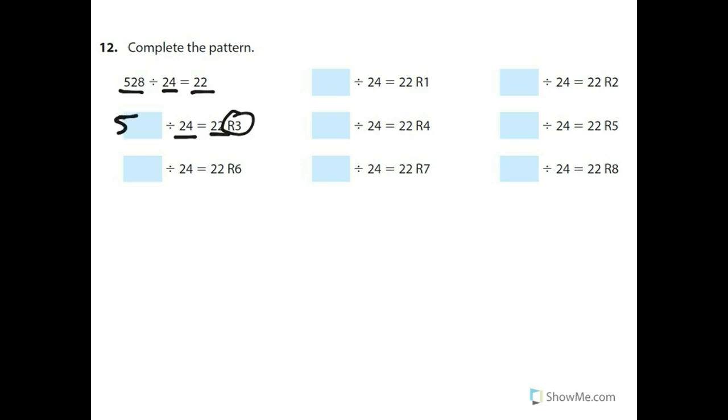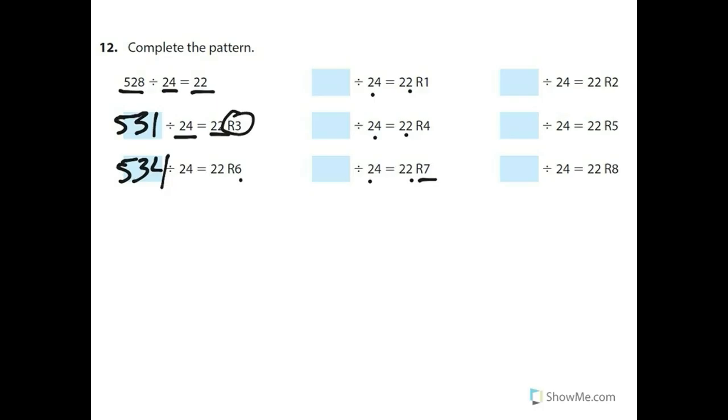So 531, right? So I'm going to add 6. See, because it's all divided by 24 equals 22. And we're just adding the remainder to 528. So 6 plus 528 is 534. Go ahead and fill in the next 6, and then we'll go over it.